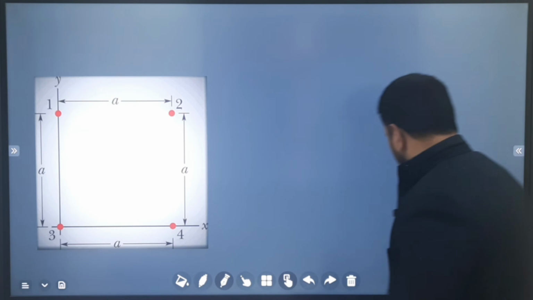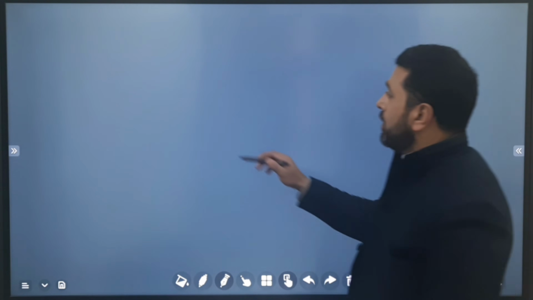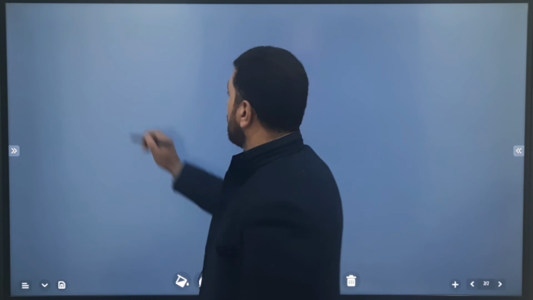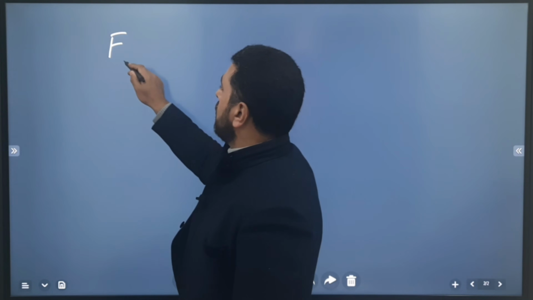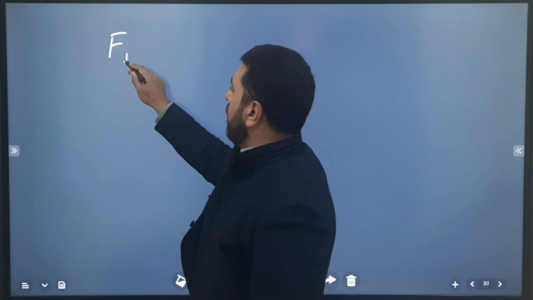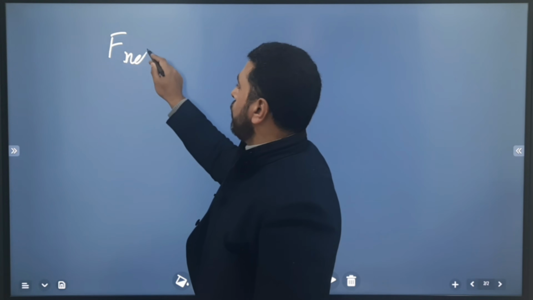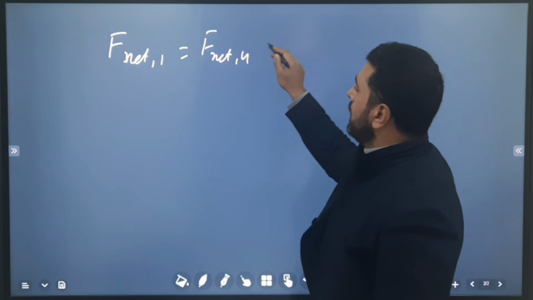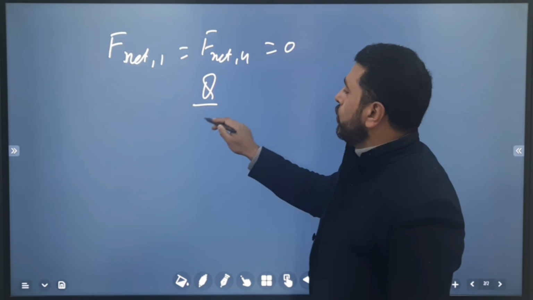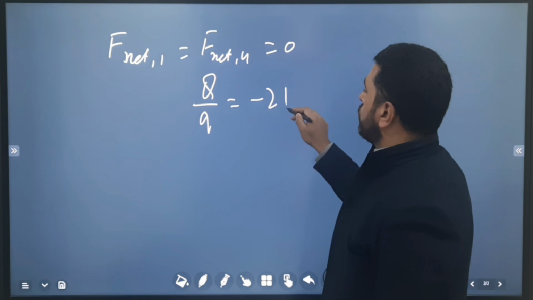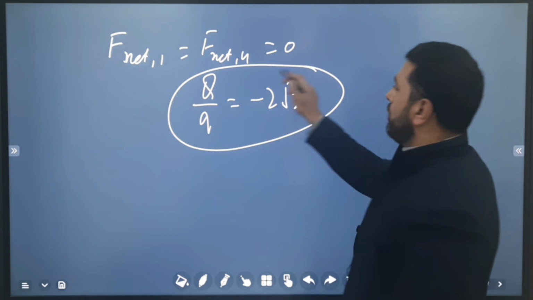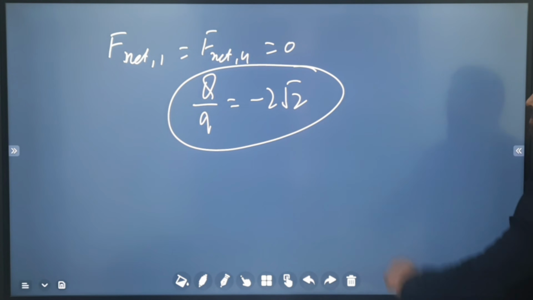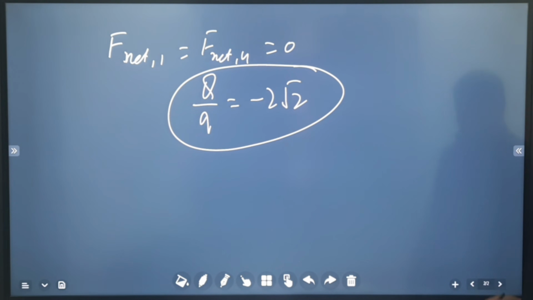So we just found that net force on particle 1 equal to net force on particle 4 is equal to 0 if Q by q is equal to minus 2 root 2. So this is our condition for particle 4 and 1 to be in equilibrium.